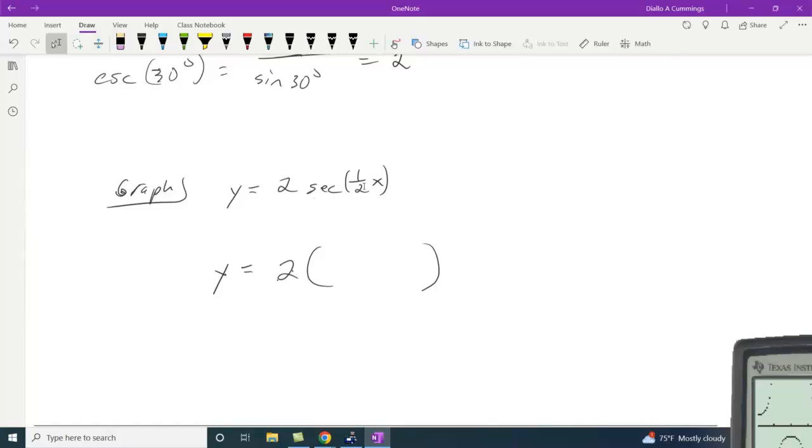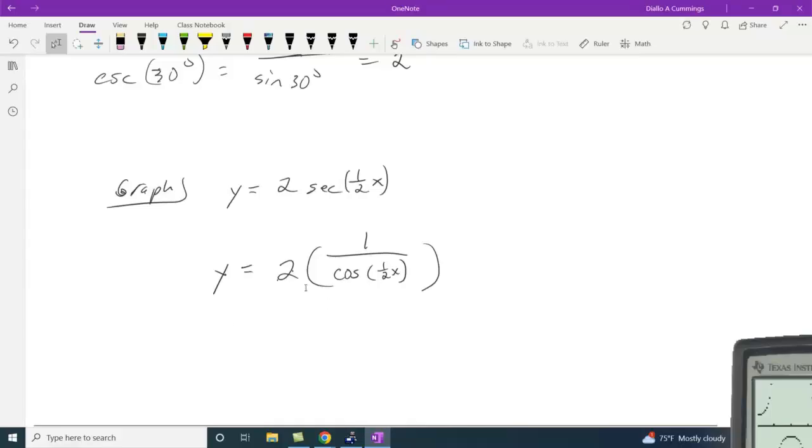So I'm going to rewrite the secant of 1/2 x as 1 divided by the cosine of 1/2 x. So notice the 1/2 x, it is still the argument of the cosine function.